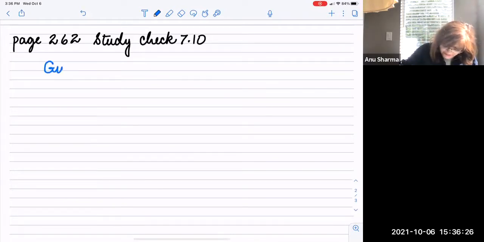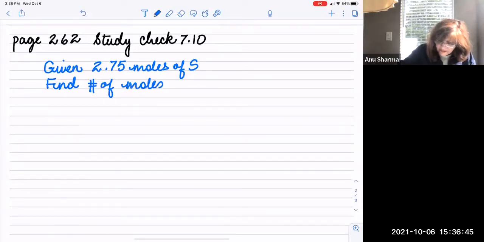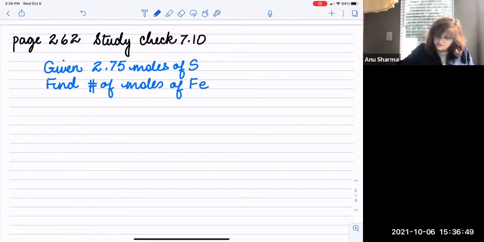So you are given 2.75 moles of sulfur, and you're being asked to calculate the number of moles of iron. Calculate means find the number of moles of iron. So this is what you need to find.